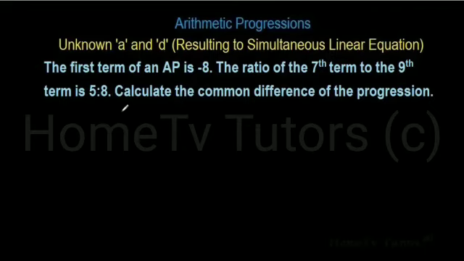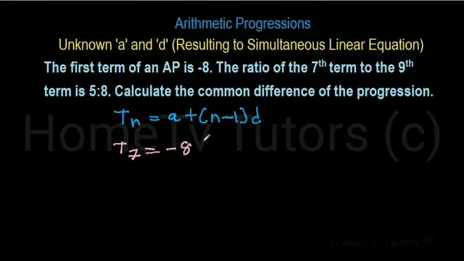Applying the general formula for AP, Tn equals A plus bracket n minus 1 bracket D. First, we talk of the 7th term, which we have T7 equals the first term, given as minus 8. Then for the nth term 7, 7 minus 1, that is 6, 6 times D, we have 6D.